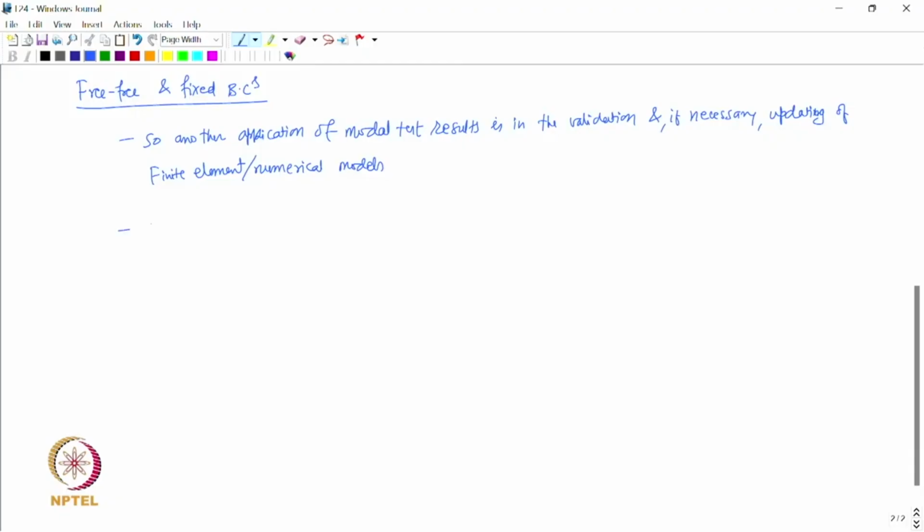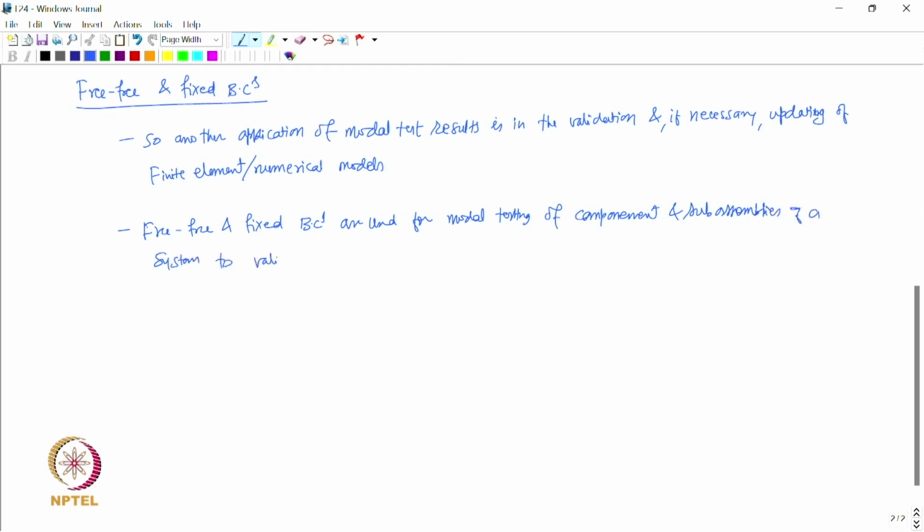Therefore, free and fixed boundary conditions are used for model testing of components and subassemblies of a system to validate their models, that is the models of the components and subassemblies.